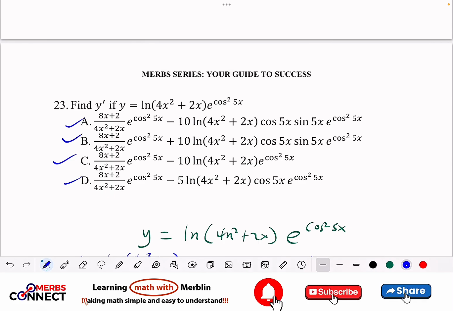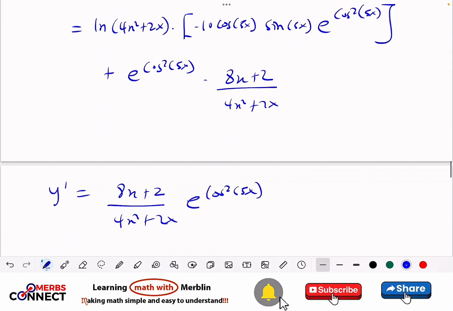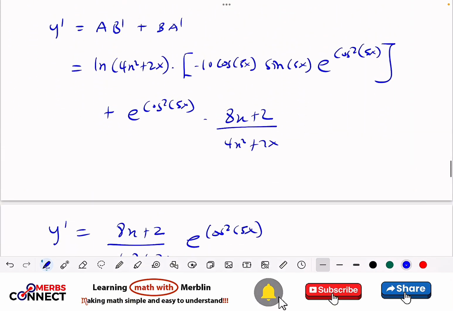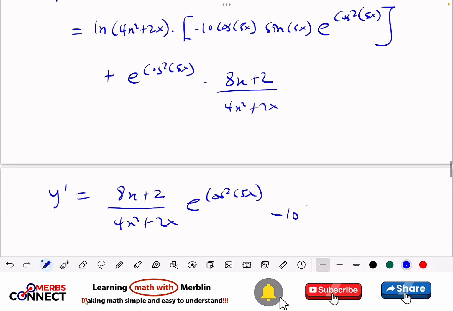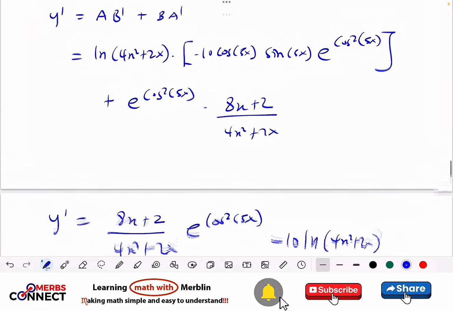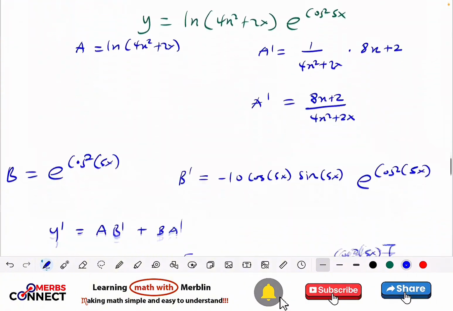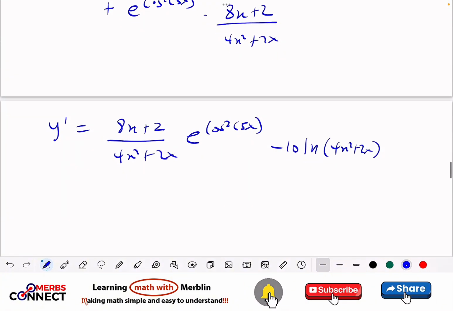So it's the second part that we need to look at. So the second part, we have minus 10 here. So we are going to have minus 10 natural log of 4x squared plus 2x times cos 5x sine 5x e to the power cos squared 5x.